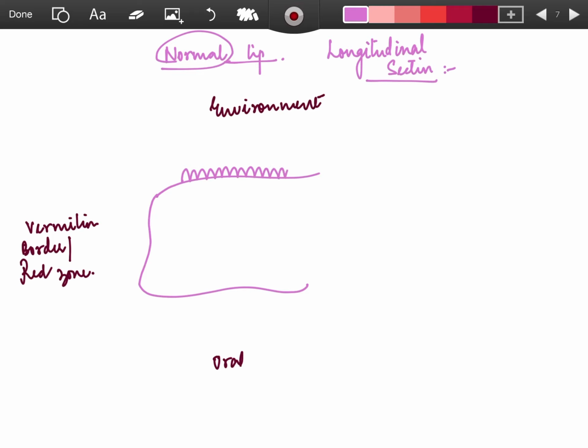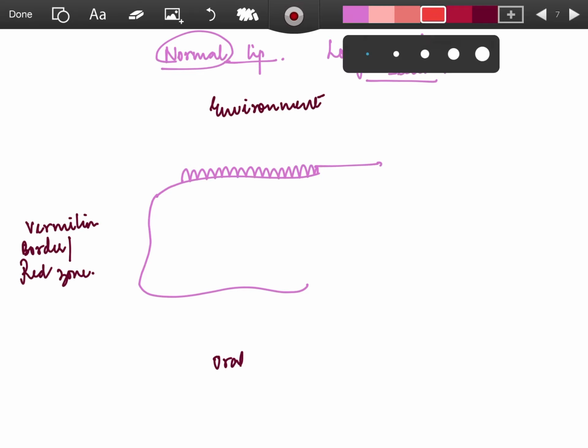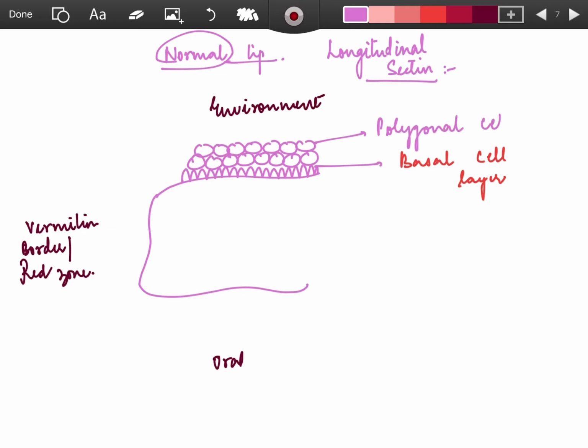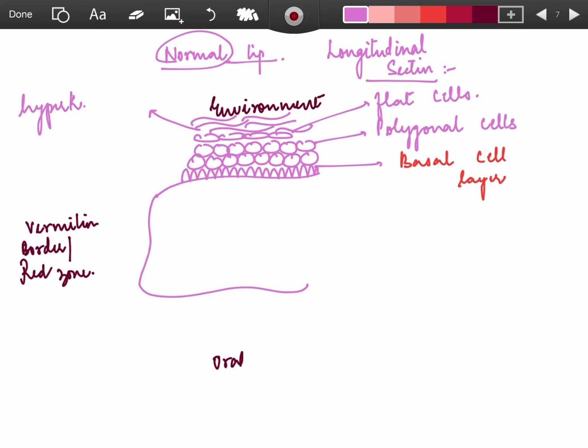Firstly we have to draw the basal cell layer. Above that we have to draw some layers of polygonal cells. Above these layers we have to draw flat cells and hyperkeratinization. Hyperkeratinization is present in the cutaneous part.